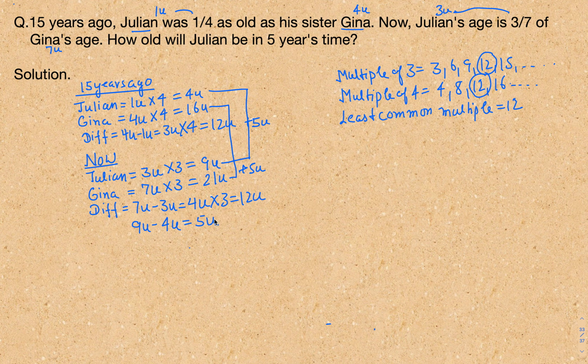So this 5 unit we know is the difference. There's an increase in 5 unit because 15 years have passed. Both of them have grown up by 15 years, right? So this 5 unit is equal to 15. That means 1 unit is equal to 15 divided by 5. That will give me 1 unit is equal to 3.